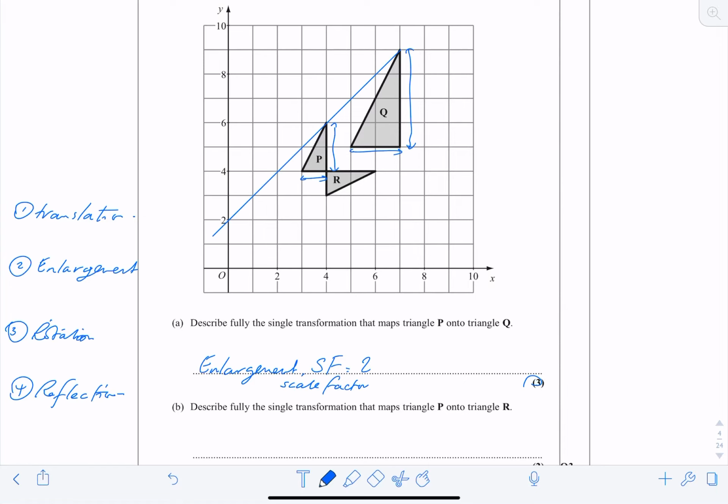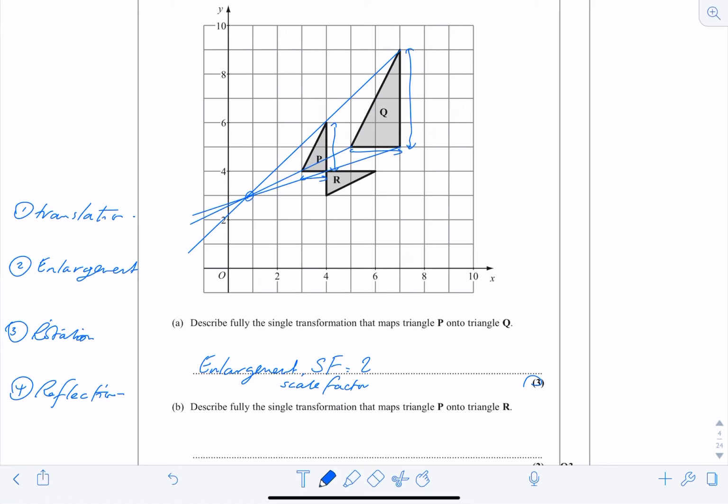Now, there's quite a straightforward way of doing this, but it's not the easiest thing to do. What we do is we draw a line going from each point. So this line goes from the top point of P and Q. Then I'm going to draw another line that goes from the bottom left point, and another line that goes from the bottom right point. And I can see that they all intersect in pretty much the same place.